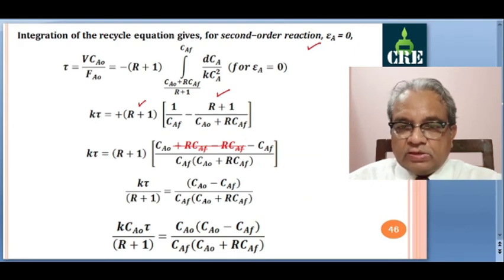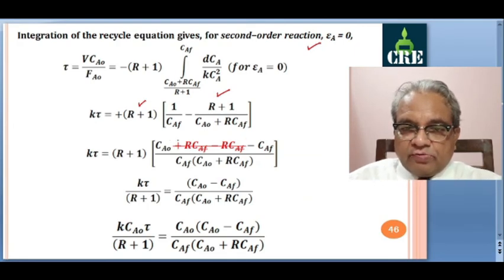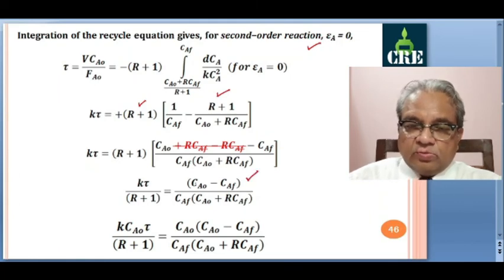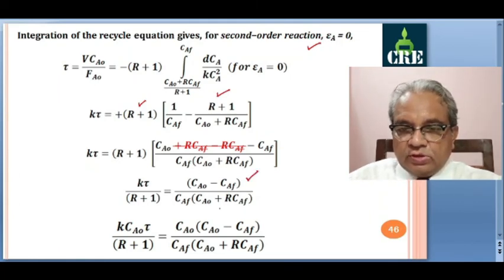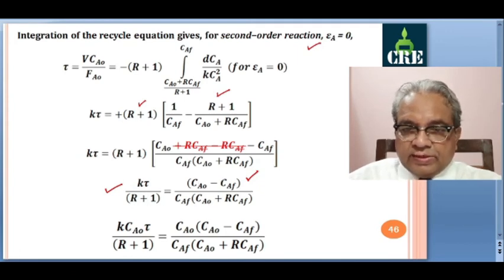So this R CAF cancels out. In the numerator we are left with the CA0 minus CAF term, and in the denominator CAF into CA0 plus R CAF. This R plus 1 is transferred to this side. K tau by R plus 1 is simply CA0 minus CAF over CAF into CA0.